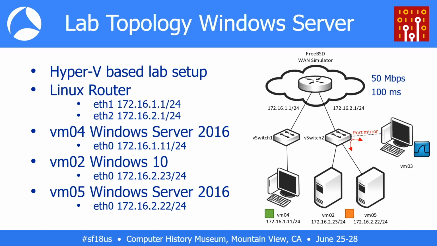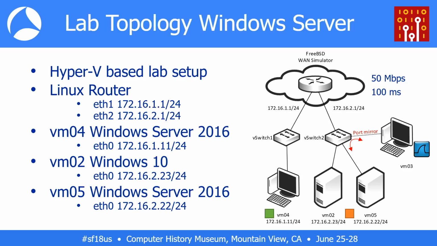One is the FreeBSD router here, which I use DummyNet on to simulate WAN pipes and latency. And then I have 2 virtual switches, and one of them connects a sending side, so VM04 will be my sending side. And on the other side, I have 2 different hosts. One of them is a Windows 10 machine, and one of them is a Windows 2016 server machine. And the reason for that, I will show you later on.